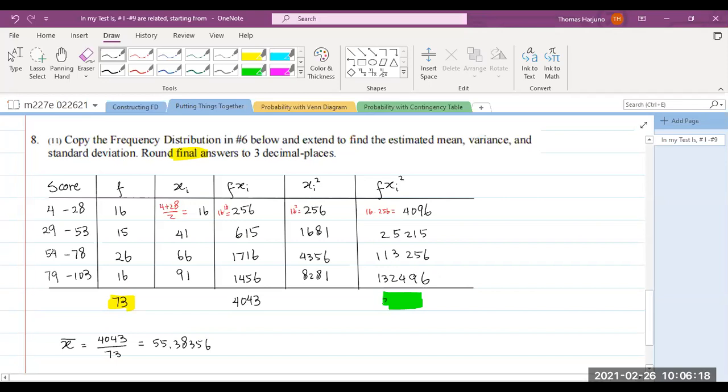I get 275,063. Therefore, my sample variance. Do you get the same number, by the way, for the third number? If not, tell me what you get, in case I make a mistake again. I hope not.